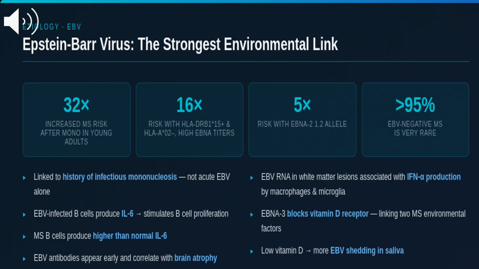Viral latent proteins appear in the meningeal germinal center-like areas that are so characteristic of secondary progressive MS. EBV RNA in white matter lesions is associated with interferon alpha production by macrophages and microglia, and perhaps most elegantly, EBNA3 blocks the vitamin D receptor, mechanistically linking EBV to the well-established vitamin D association in MS, as two major environmental factors turn out to share a molecular connection.